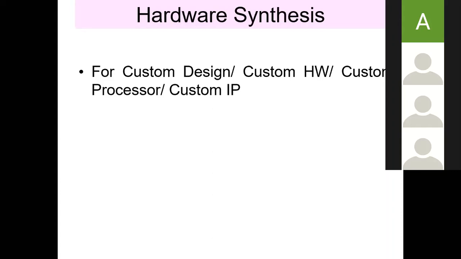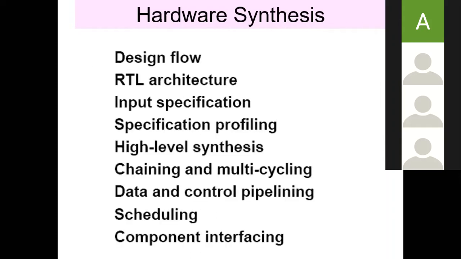So that's the topic, hardware synthesis: generation of RTL specification from the system specification or the application specification. Here is the outline of the presentation. Right now we will be dealing with the first topic only, the design flow majorly, or if possible we will move up to RTL architecture. The first one is the design flow.